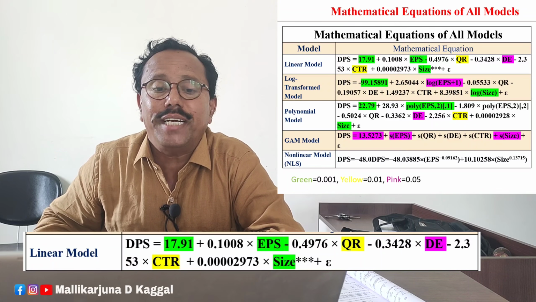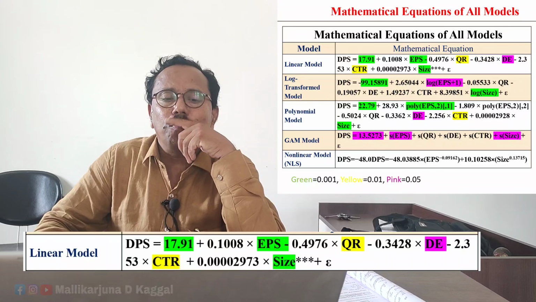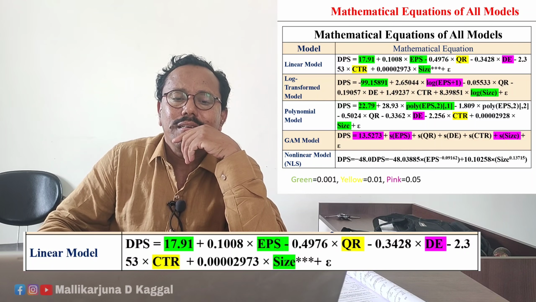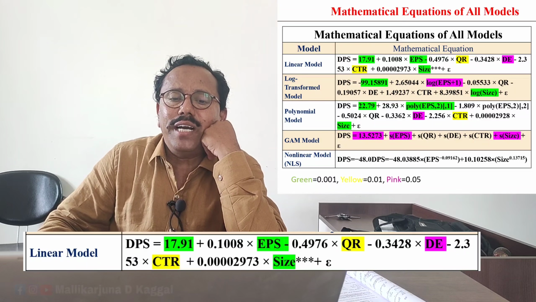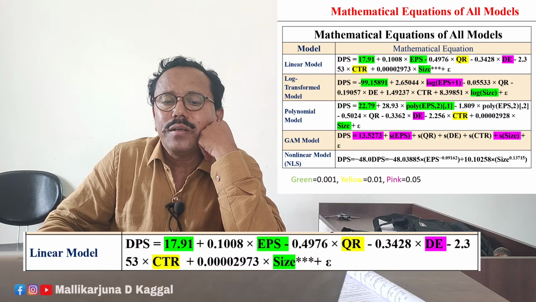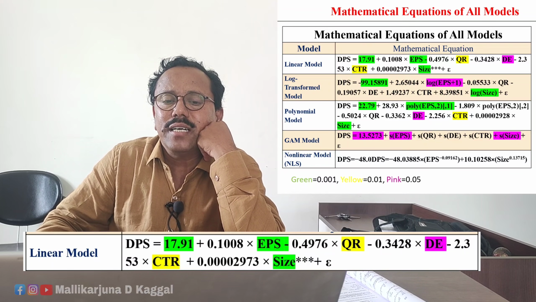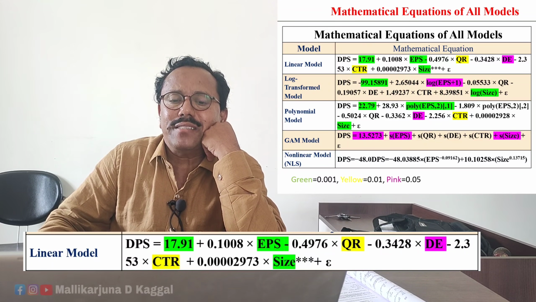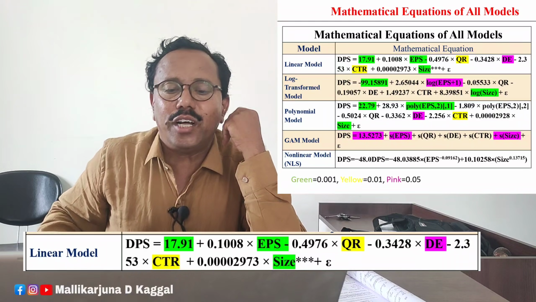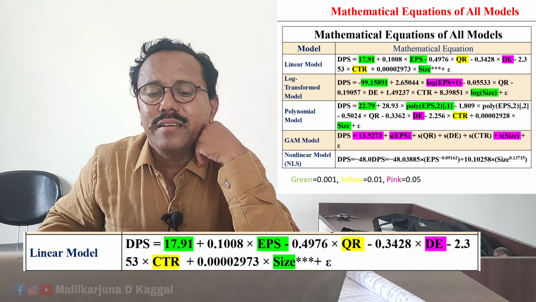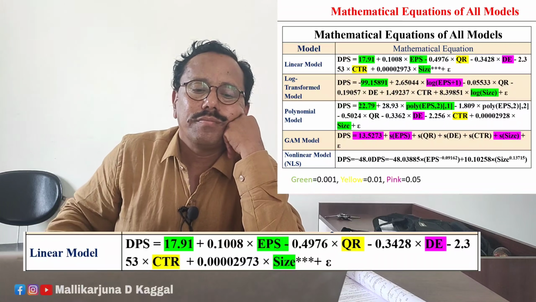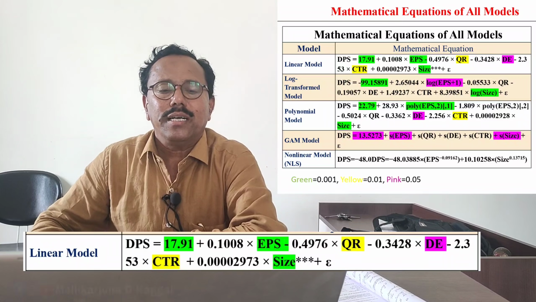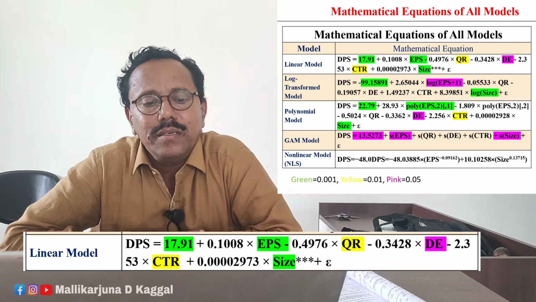There is a negative coefficient, minus 0.4976, the coefficient of quick ratio. Again for DE also there is a negative relation with the dependent variable DPS. Even CTR also has a negative relationship. See here, CTR also negative relationship. Size is positive, no doubt. Let me say what it says.